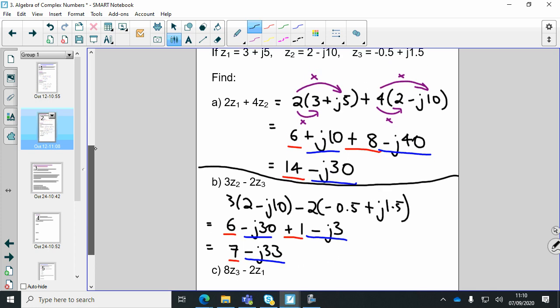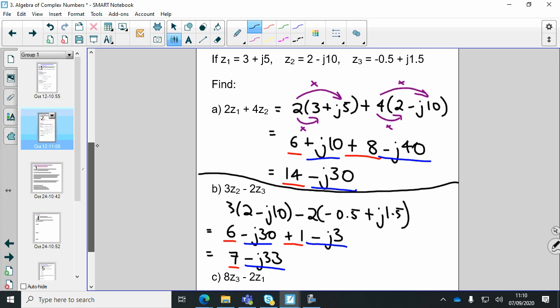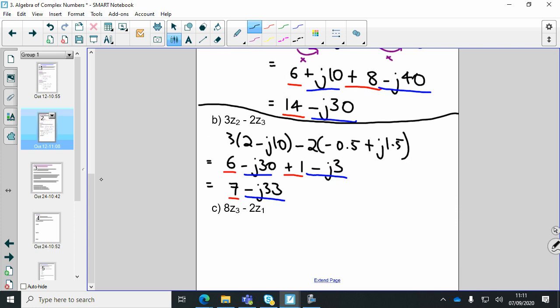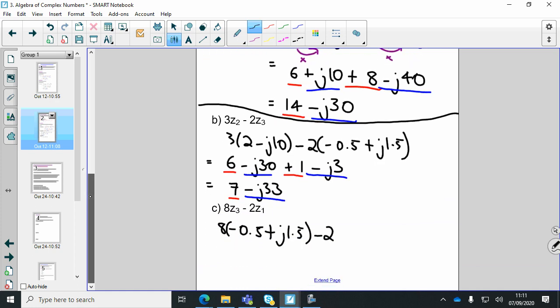And we're going to do 8Z3 minus 2Z1, so that's 8 lots of minus 0.5 plus J1.5 minus 2 lots of Z1, which is 3 plus J5.